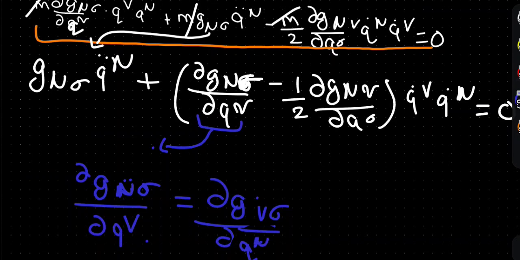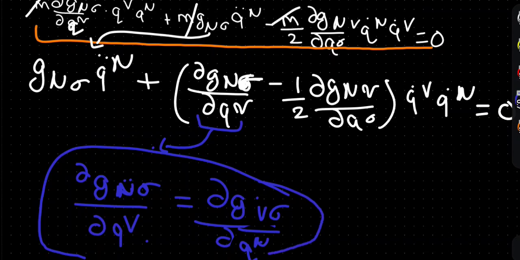These things are equal because of the symmetry rule. If you don't know about this, you have to read some tensor calculus books, where you will study how to change the indices and all that. So del g mu sigma by del q nu is equal to del g, where you just change the indices.